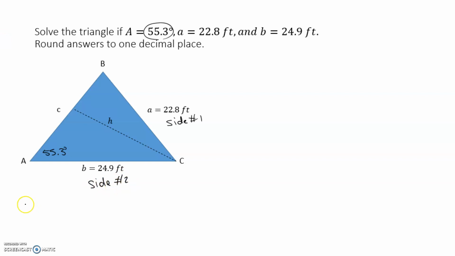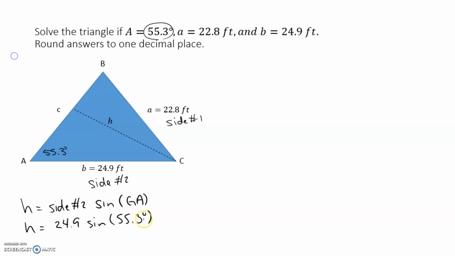Then to find H, that's going to be side number 2 times sine of the given angle. I'll just say GA, given acute angle. So this is going to be 24.9 times sine of 55.3. That will give me 20.47.